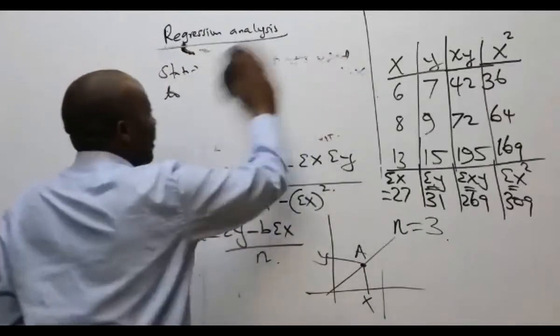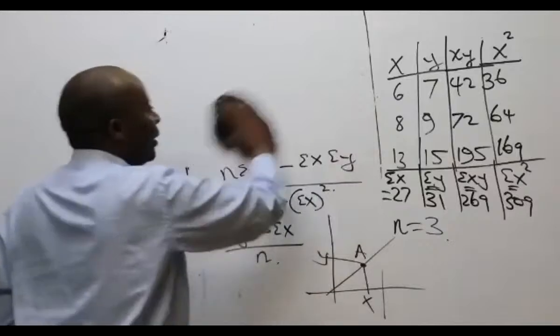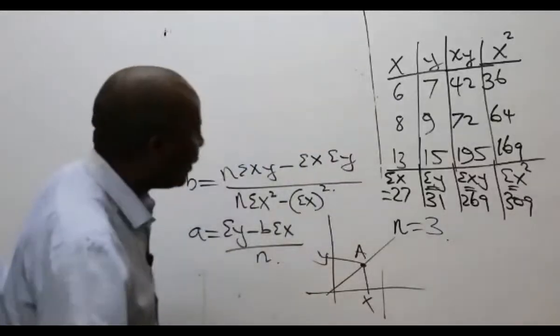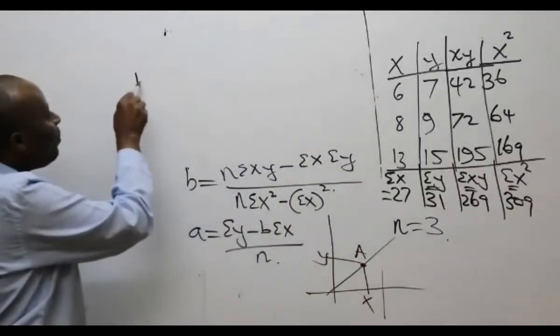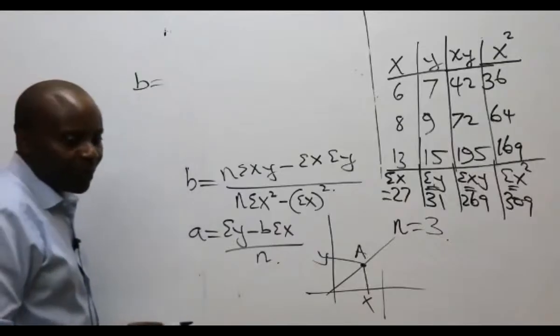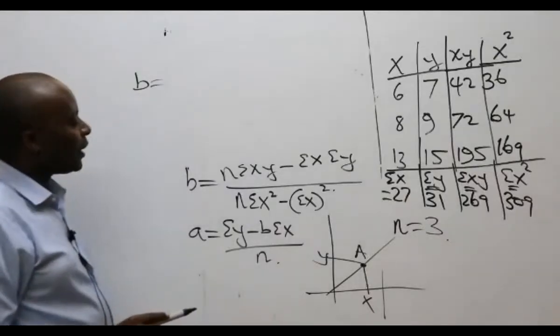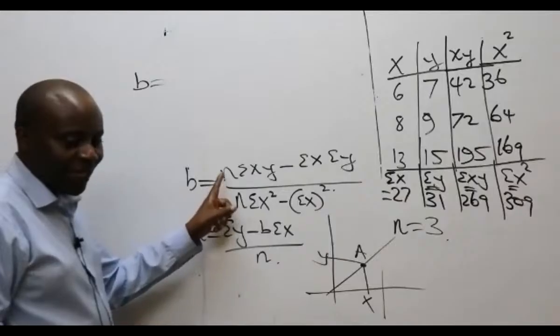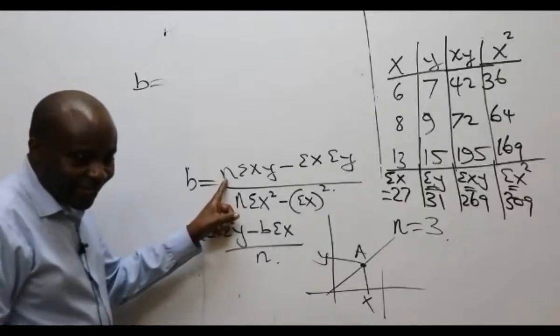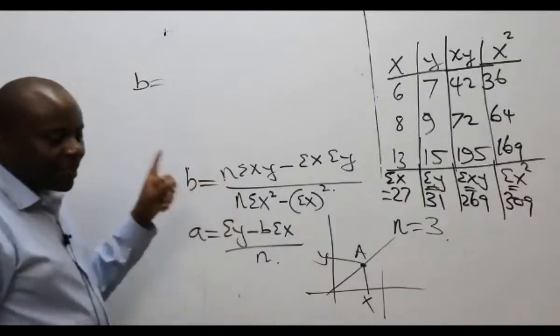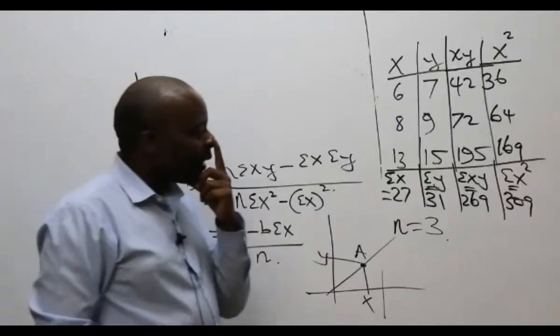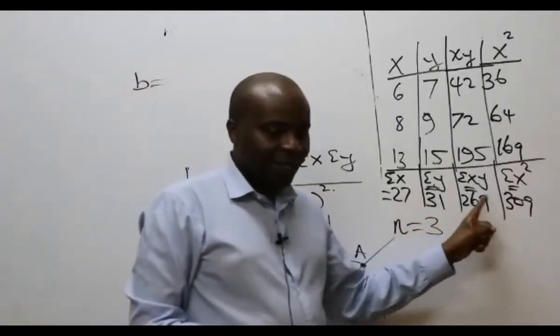The next thing, of course, is to plug in the values that we have into the formula. So please give me the value of B. Brian tells me to interchange 269 and 309.